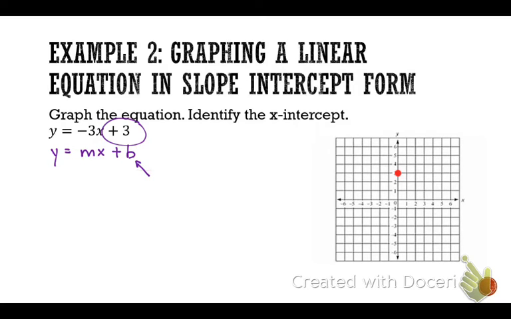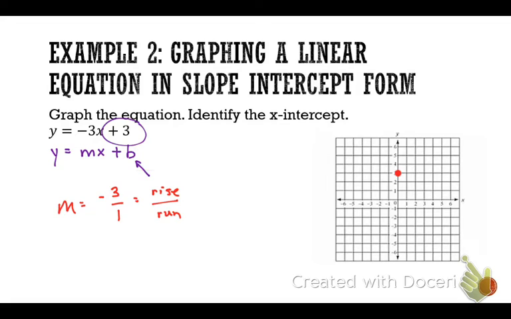So I can start with my y-intercept, and now, what is my slope? My m equals what? Negative 3 over 1. So now from that point on my y-intercept, I can rise and run. If I'm rising negative 3, which way am I going?